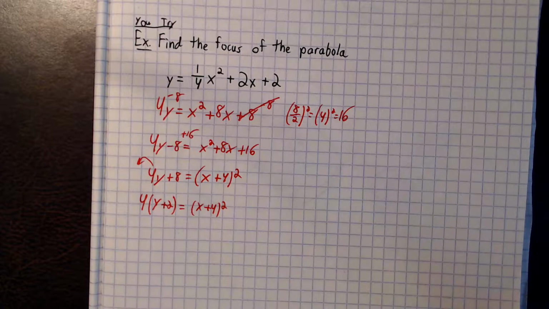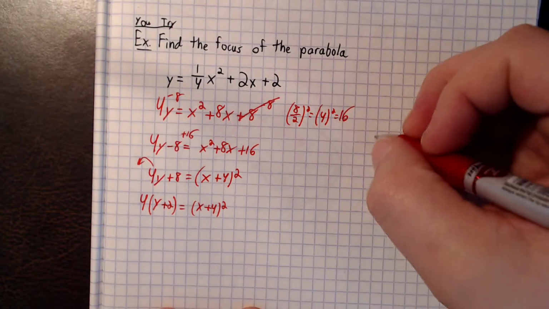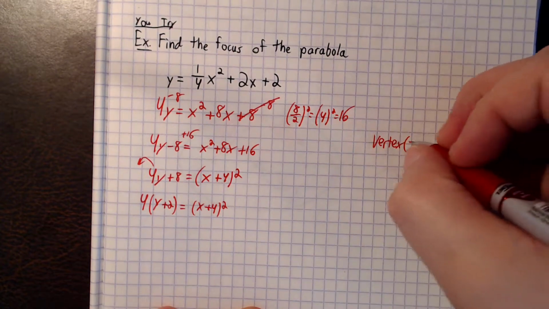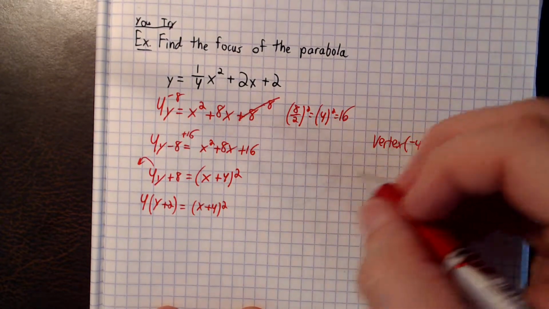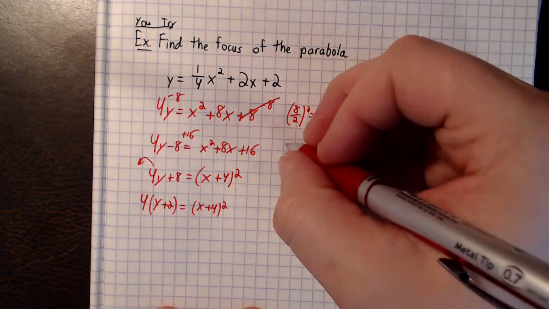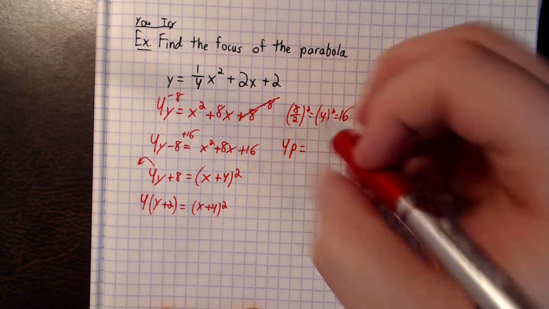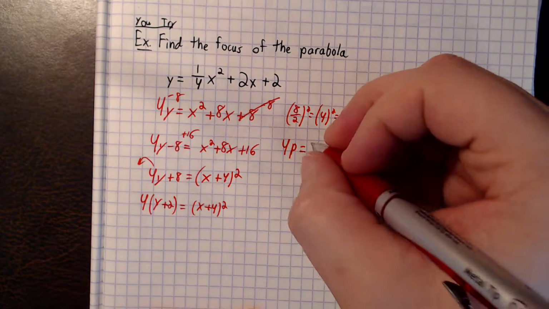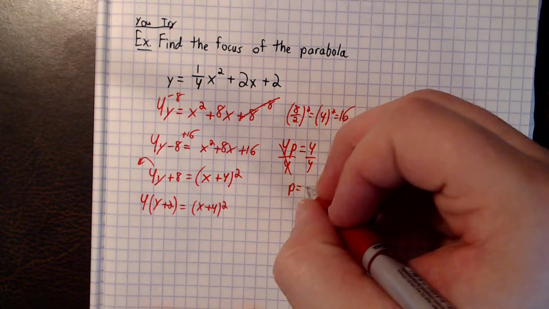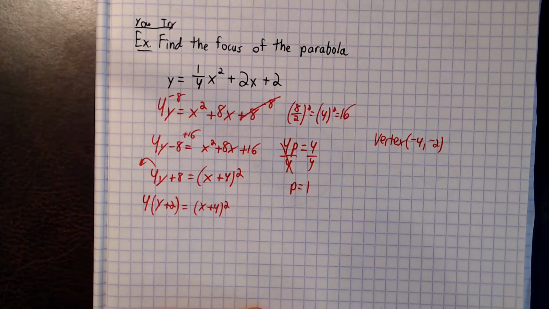We've got to change the signs on those. So we already know our vertex. It's -4 and -2. We want our p-value, and we know that 4p equals 4. So p is 1.